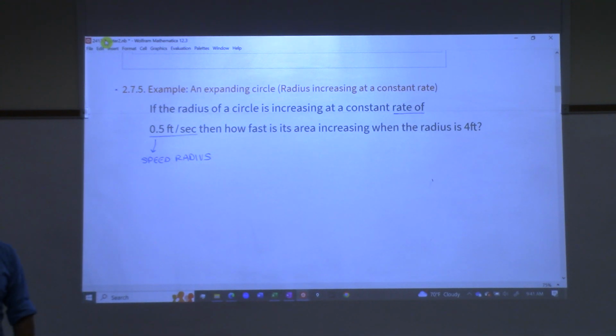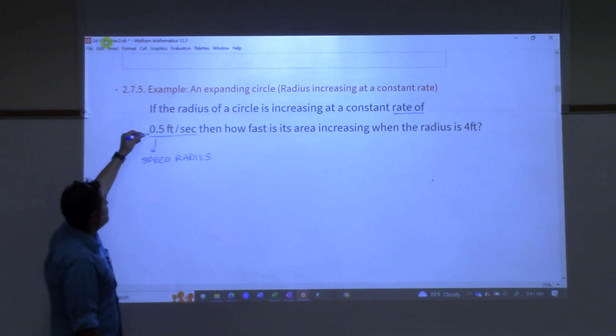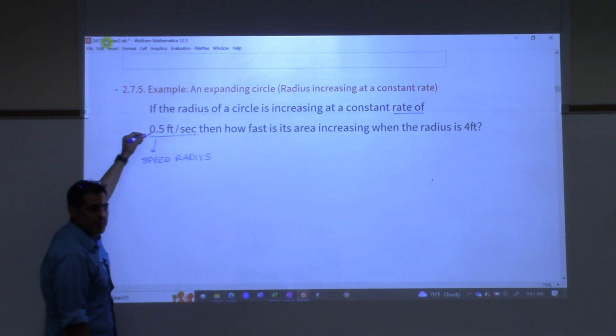And in calculus, how do we get the speed of something? Yes, but the whole thing of calculus has been to be able to find the derivative, right? The derivative is a speed. It's a slope of a tangent line, but if it's a position function, then it gives us the speed. So what you need to see here is that this information is actually the derivative of something.